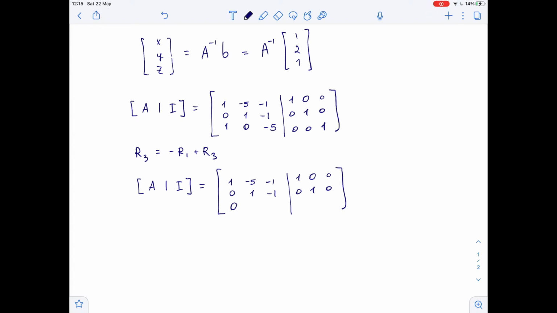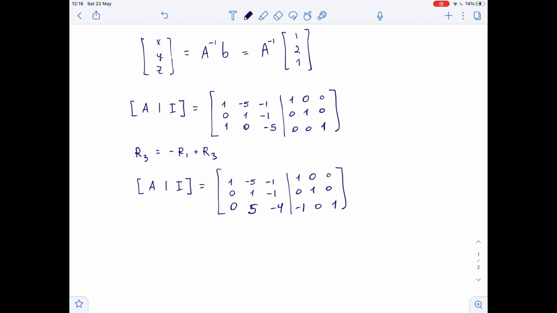Instead of 0 we will have 5, because 5 plus 0 is 5. And instead of negative 5, we will have negative 4, because 1 plus negative 5 is negative 4. And here we will have negative 1, 0, 1.